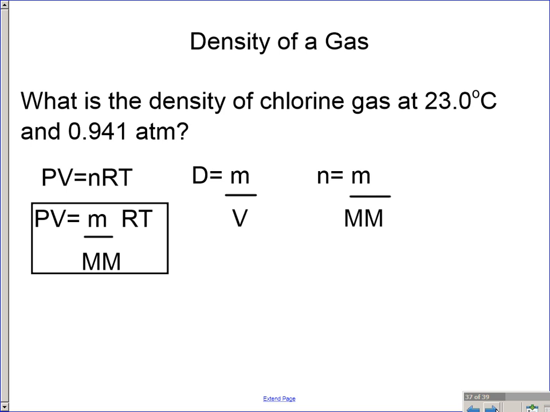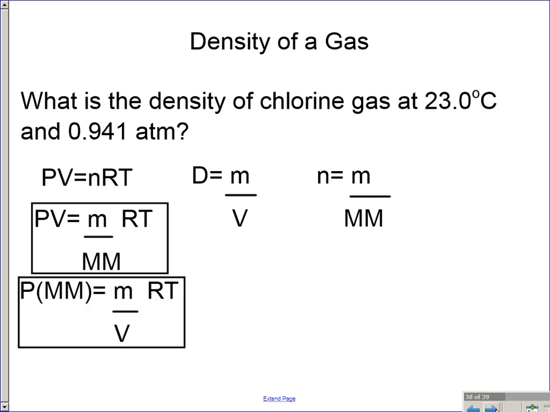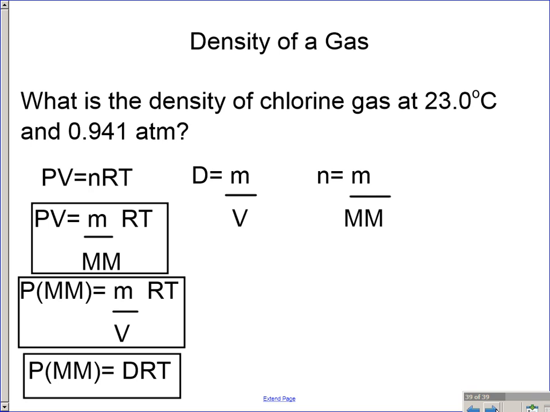But first, we have to get rid of molar mass on the bottom. So we can divide by volume, multiply by molar mass. So that gives us pressure times molar mass is equal to mass over volume times RT. The mass over volume, you can substitute for density.